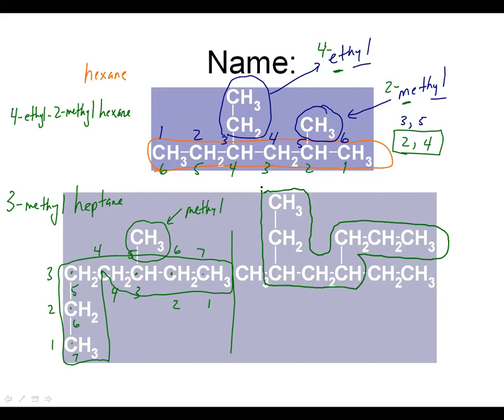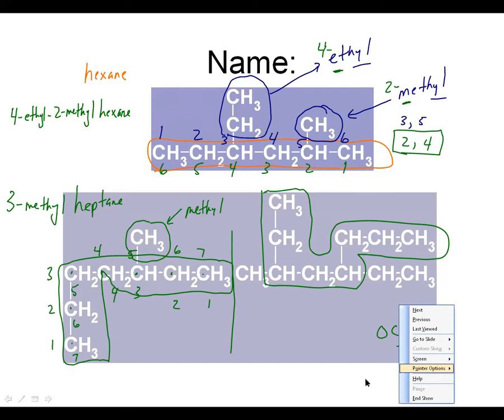So again, you want to try all your options. As you can see here, not the straightest by any means. It does go down, goes back up, and all that good stuff. But 8 carbons is our longest carbon chain, which means we are going to have a base of the name that is based off of octane.